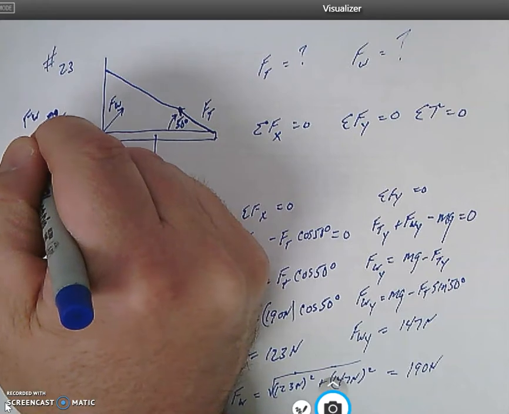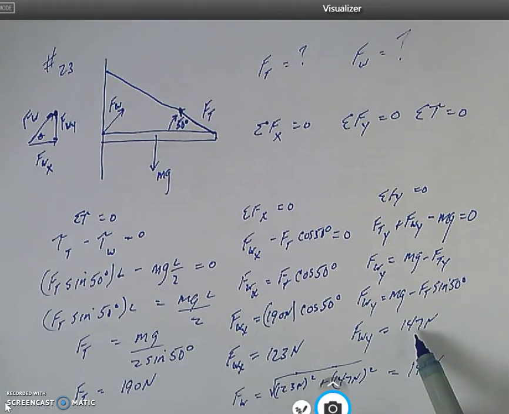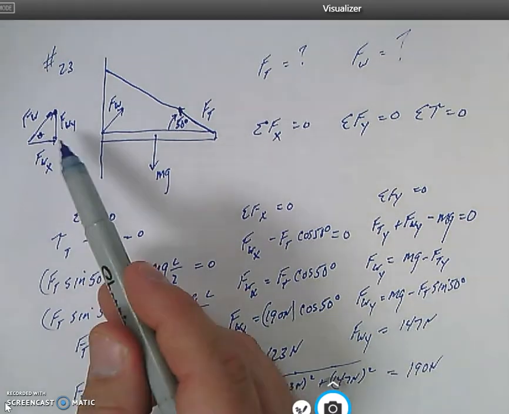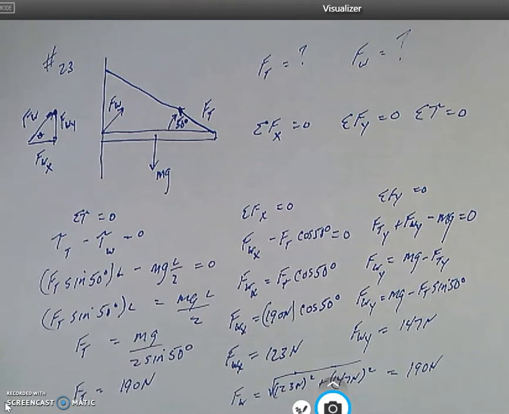This is going to be some angle theta. So I've got 123 and I've got 147. The 147 is the opposite side and the 123 is the adjacent side.